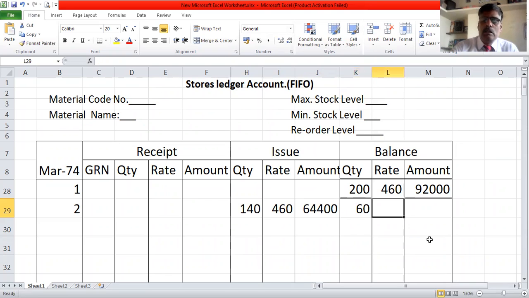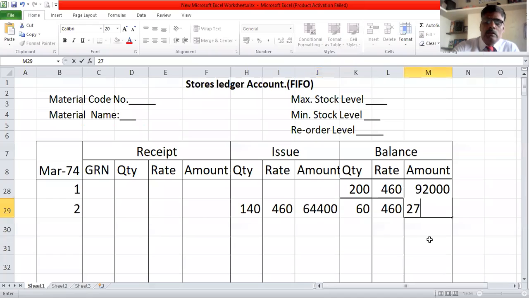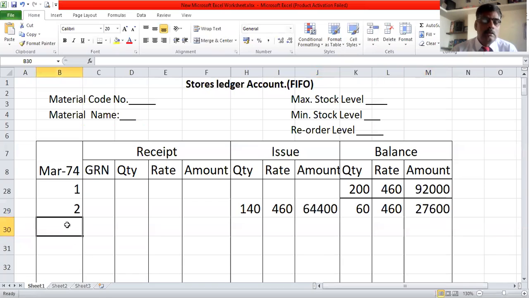Balance is 60 at the rate of 460. Then multiply that. 460 into 60 is equal to 27,600. 27,600 is the balance.